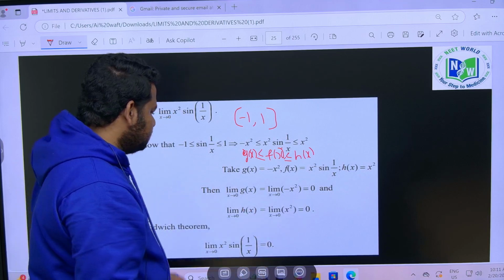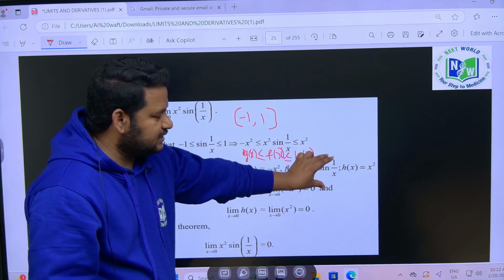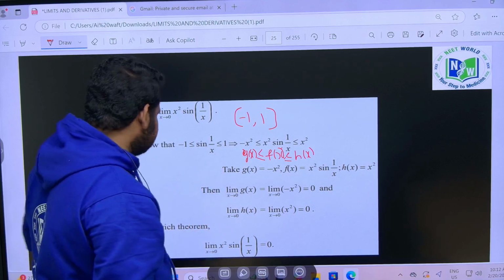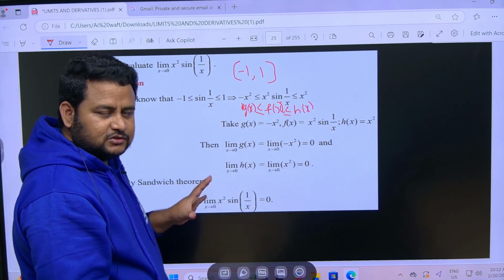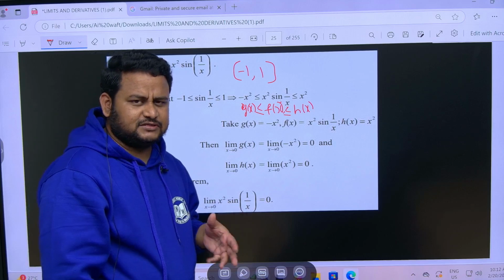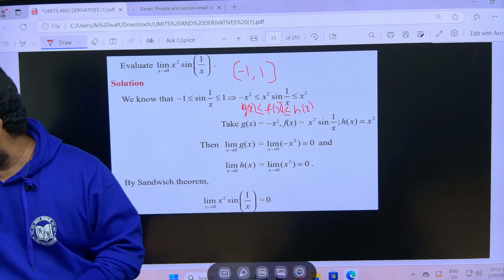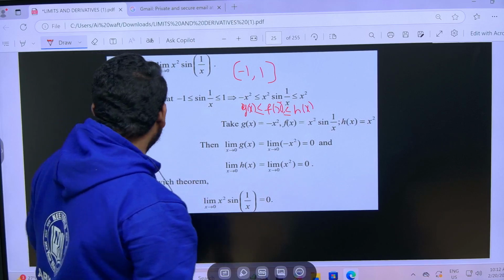So if these two are 0, then definitely this value will also be 0 by the sandwich theorem. Got it, friends? So for trigonometric limits, for some of the questions we will be using the sandwich theorem.